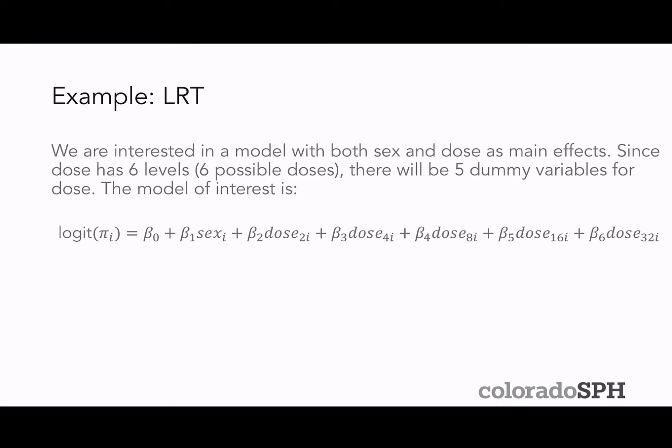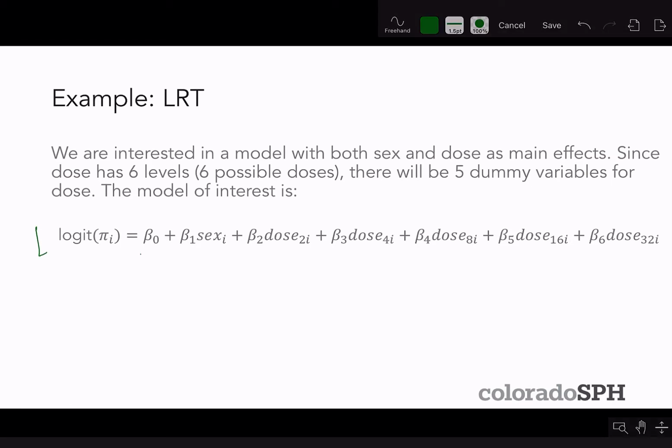Okay, so let's say we're interested in a model with both sex and dose as main effects. Since dose has 6 levels, there will be 5 dummy variables for dose. Then the model of interest will look like this. We have beta 0, the intercept, a beta for sex, and then 5 covariates for dose, where each indicates a particular dose, with the reference group being the dose of 1 milligram.